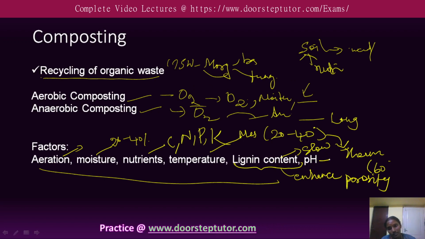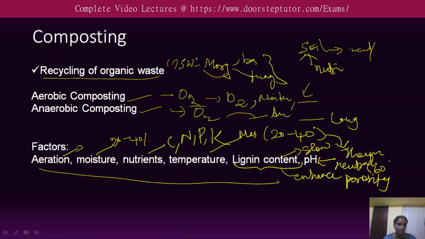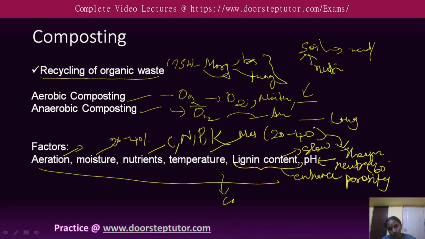And the pH is usually around the neutral value, so that the microbes can live effectively in the organic residues. These are the factors that affect composting. So, we need to maintain all these factors at the optimum level to get an effective compost.